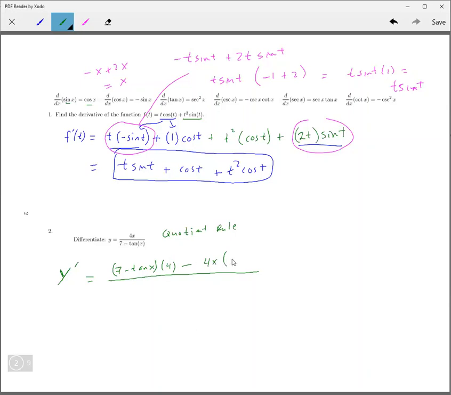The derivative down here is, the derivative of 7 is just 0. And then we have negative tangent x. The derivative of tangent is secant squared. So the derivative of negative tangent would be negative secant squared.